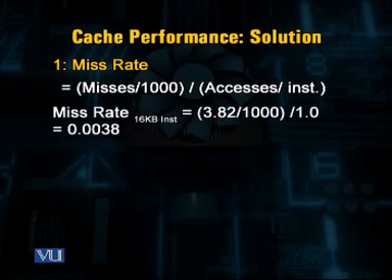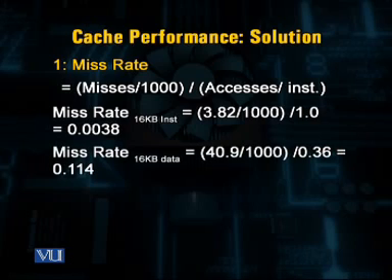For the 16 KB instruction cache, the miss rate for this example is equal to 3.82 divided by 1000, whole divided by 1, which is the accesses per instruction, and this results in a value equal to 0.0038, whereas the miss rate for the 16 KB data cache using the same expression comes out to be equal to 0.114.